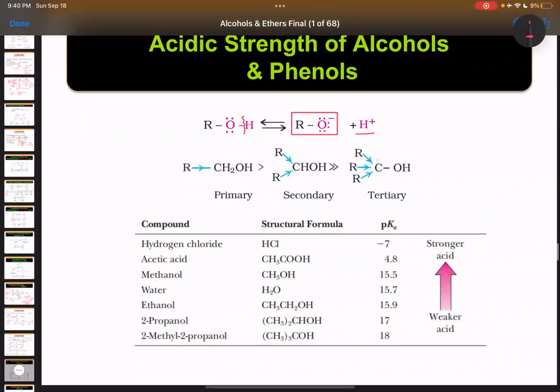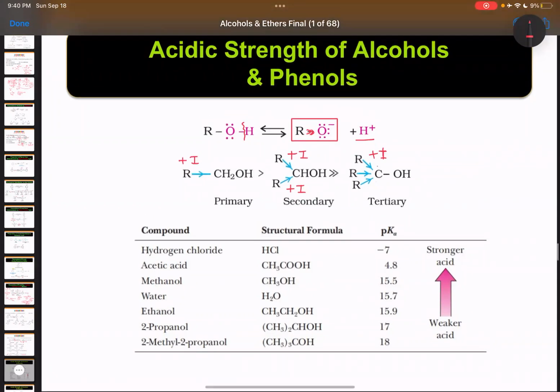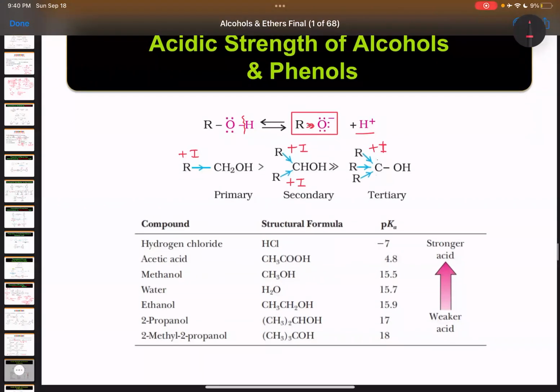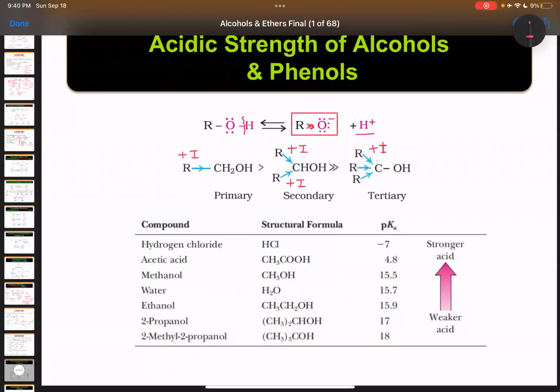Suppose if you have more and more branching, this is the inductive effect, plus I effect. Because alkyl groups are less electronegative, they are considered to be electron donating groups. So if you have more and more electron donating groups, what will happen to O minus? The O minus is going to become less and less stable.